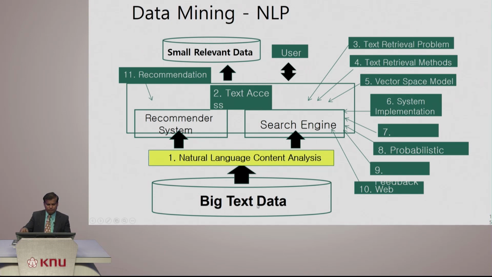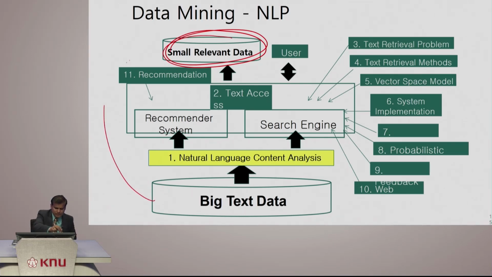So we are going to take this small relevant information from this big text data, and in this process there are a lot of methods we can use to do that.